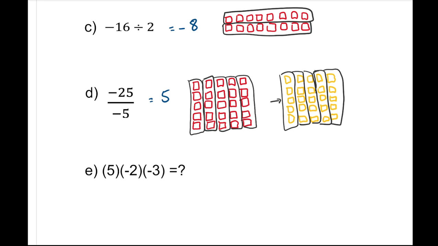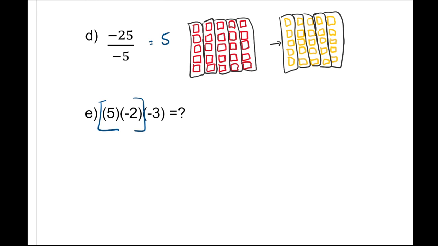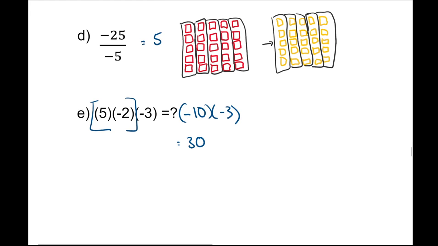Lastly, a tricky one. We have -5 times 5 times -2 times -3. So what you can do is work through this step by step. We're going to focus on the first 2 first, and then we'll multiply that answer by -3. So 5 times -2, we get -10, multiplied by -3, and then when we do this one, we would end up with +30.